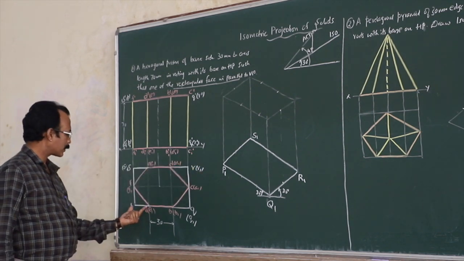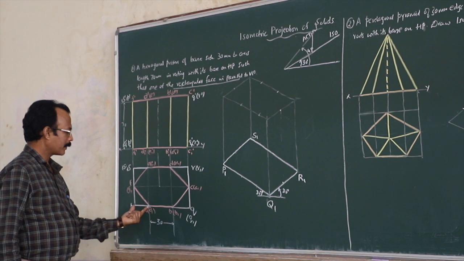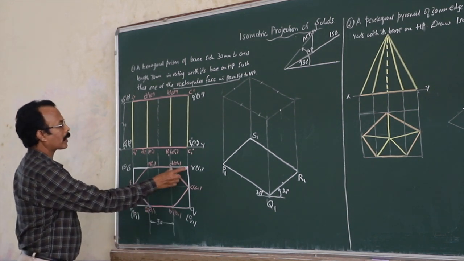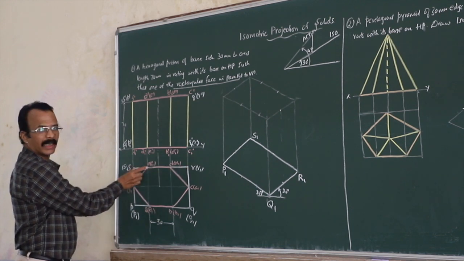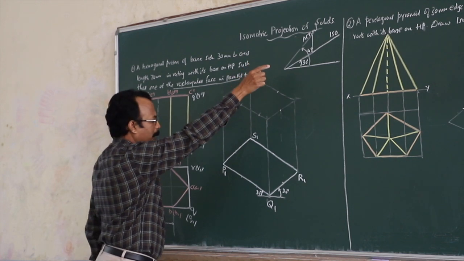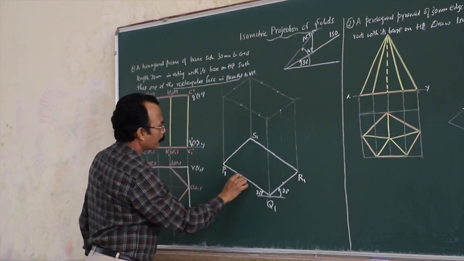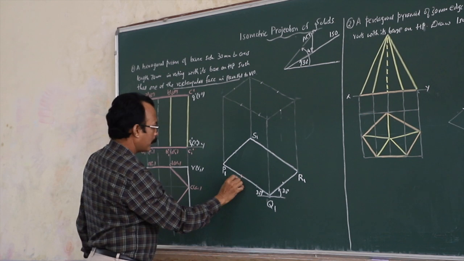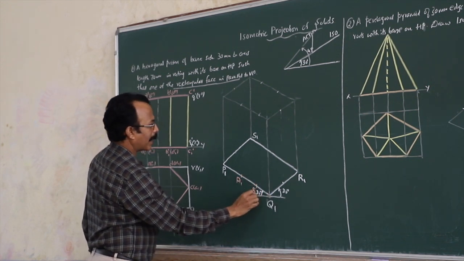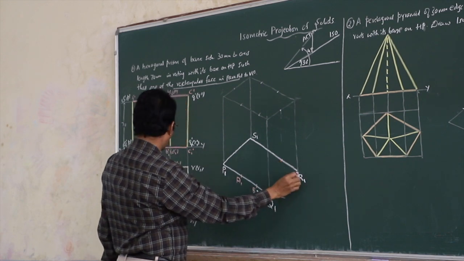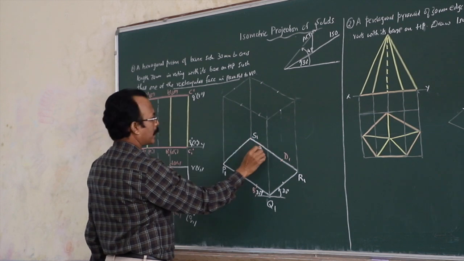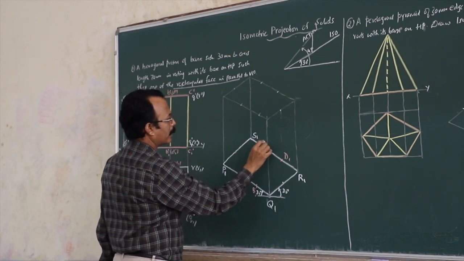So you take this distance P1 A1, right? So this will be same as this distance, that is Q1 B1 or R1 D1 or S1 E1. So if you take one distance, get it converted from the isometric scale, come and mark the point here. From P1 you can mark A1, from Q1 you can mark B1, and at the same time you can mark D1 from R1 and E1 from S1 here.